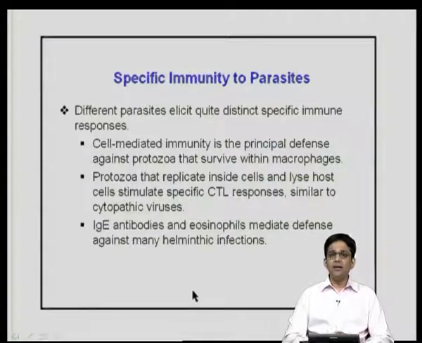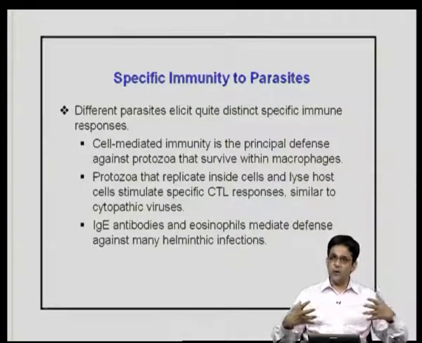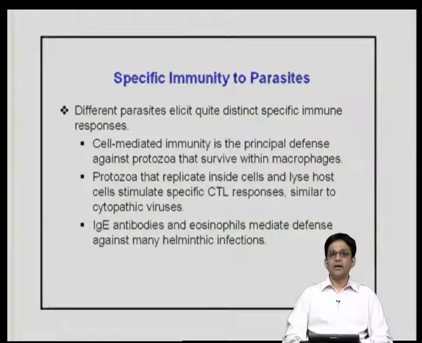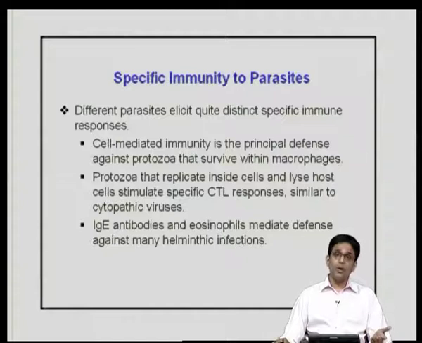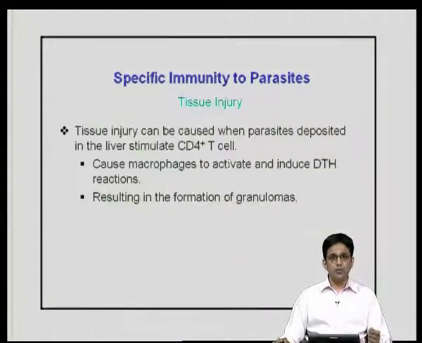Now, cell mediated immunity is the primary defense against protozoa that survive within macrophages. They replicate and you are able to generate a specific CTL response. Now, IgE antibodies and eosinophils mediate defense against many helminthic infections. So again, IgE responses are very important. Remember, to get a good IgE response, you would need a good Th2 response.